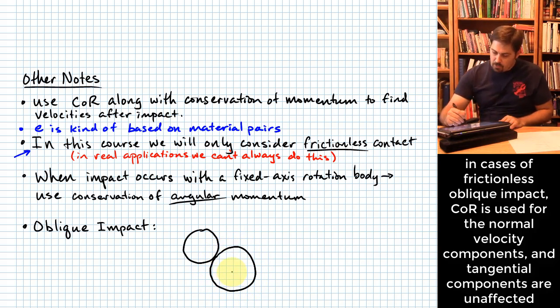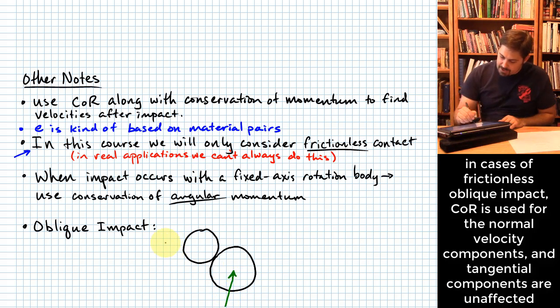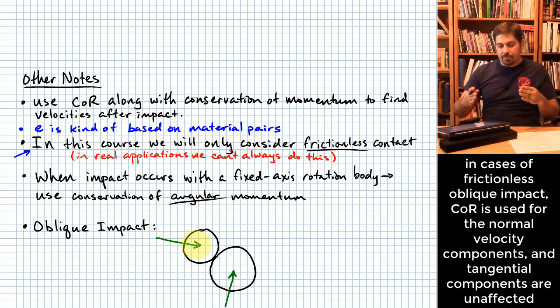Let's say one of these bodies had an initial velocity coming in like this, and another had an initial velocity coming in like this. This is an oblique impact because they have two different velocities when they get ready to run into each other.